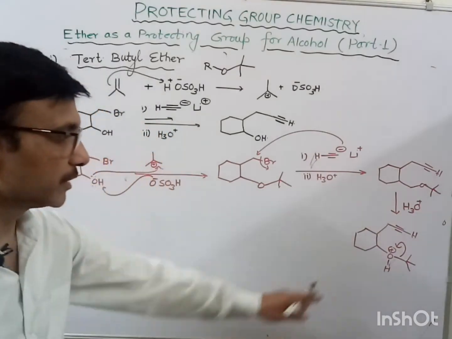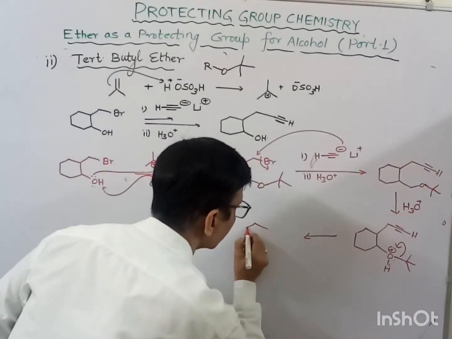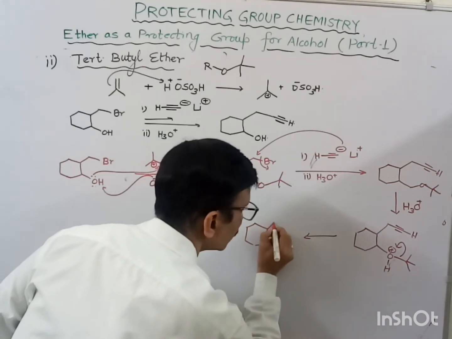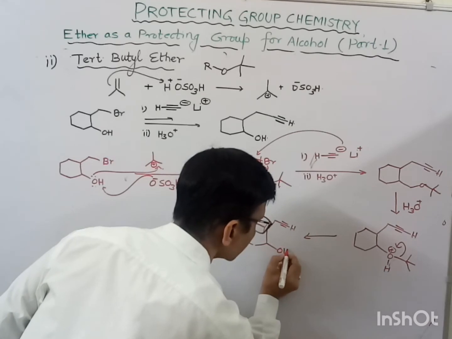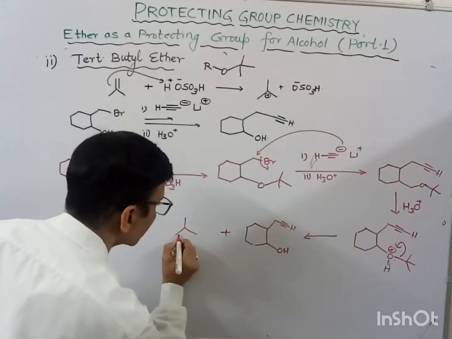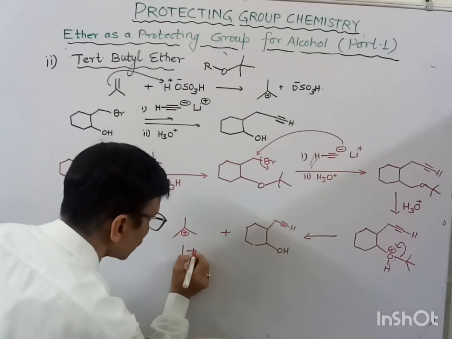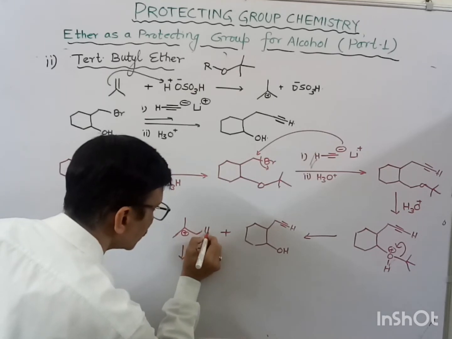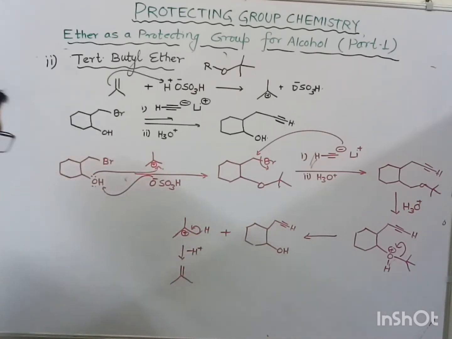So this tertiary butyl group will leave, and we will get our desired product. One H plus may be removed, and we will get the isobutylene back.